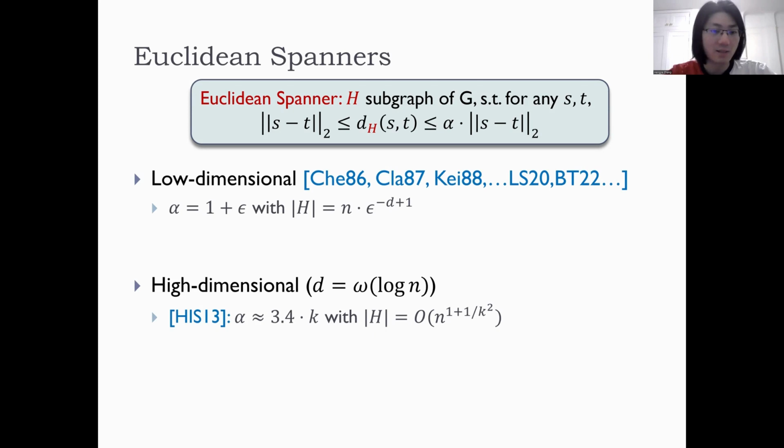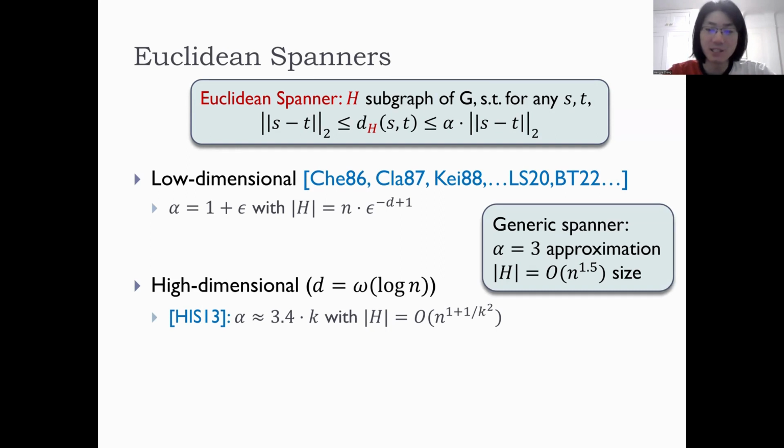The trade-off is that for any k larger than 1, we can get a stretch of roughly 3.4, which is root 12 exactly, root 12 times k, with a size equal to n to the 1 plus 1/k squared.